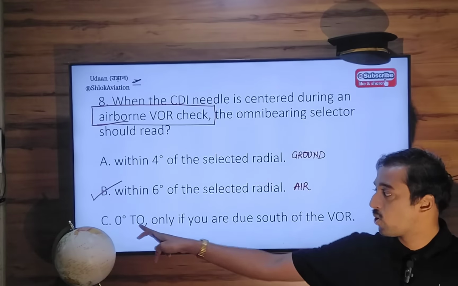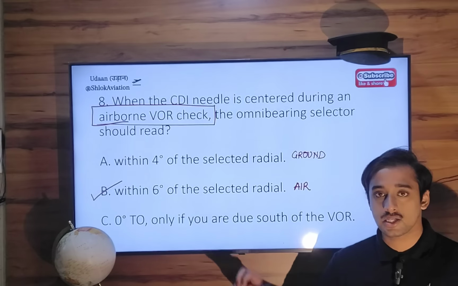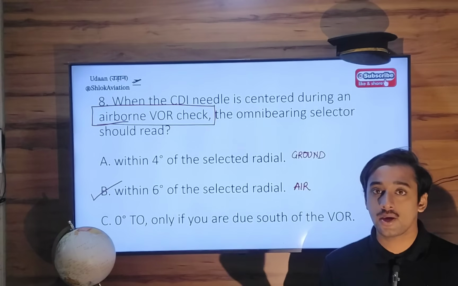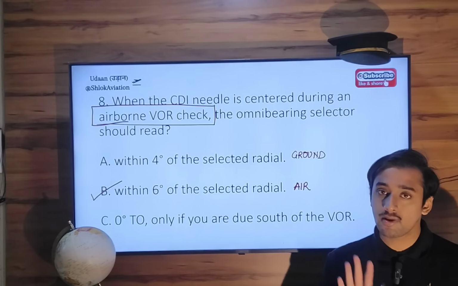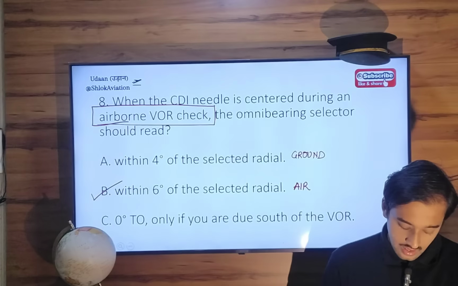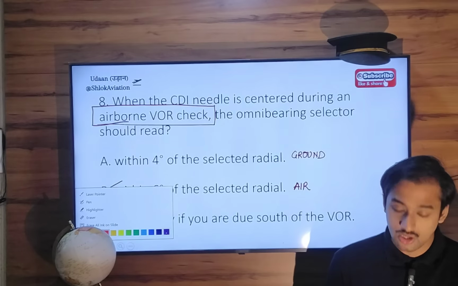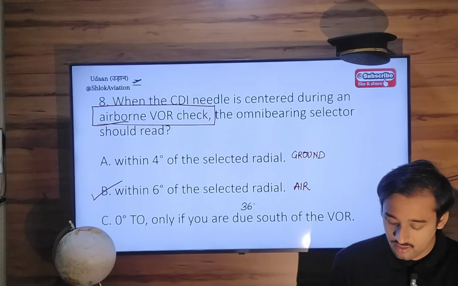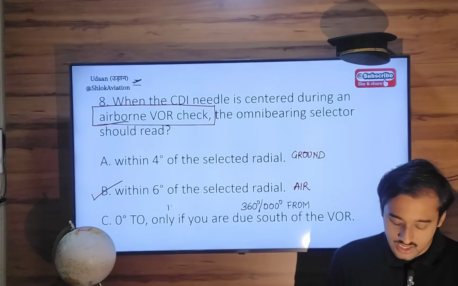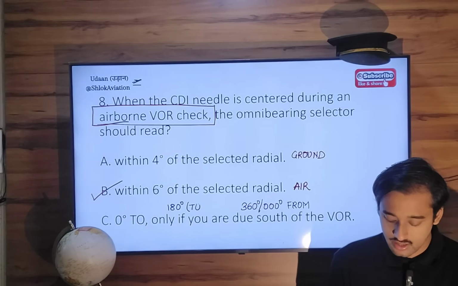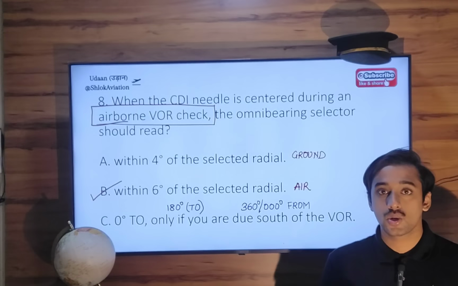Option Charlie says OBS should show 0 degrees TO indication. Always remember, whenever you are checking your VOR facility using a VOR test facility at the airport, irrespective of your aircraft position, it should show 360 degrees or 000 degrees FROM indication, or it should show 180 degrees TO indication.